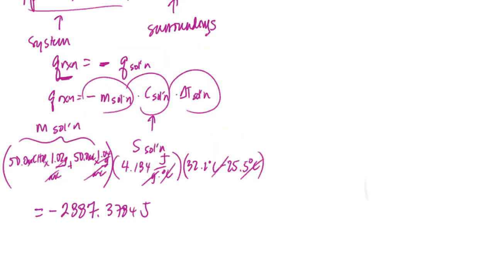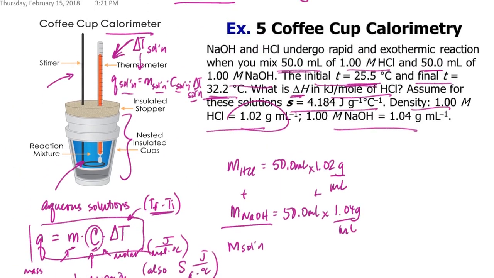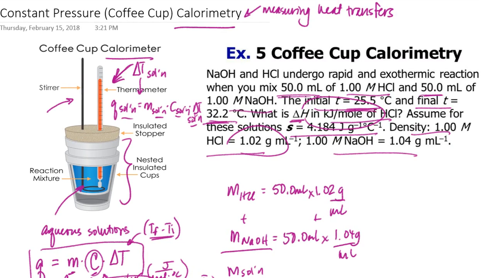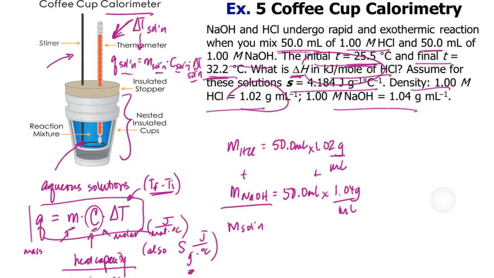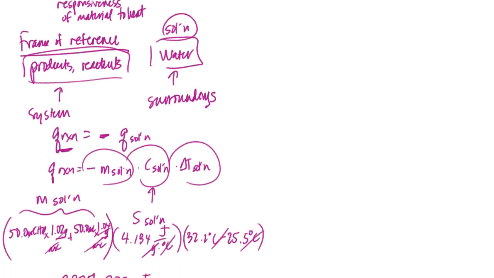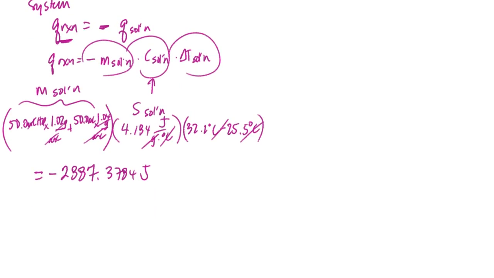But I'm being asked for the enthalpy in kilojoules per mole of hydrochloric acid. So again, remember, because I'm under constant pressure conditions, then the heat generated by the reaction should be Q at constant pressure. Also, since this heat is being lost by the system, that's why we have this negative sign.